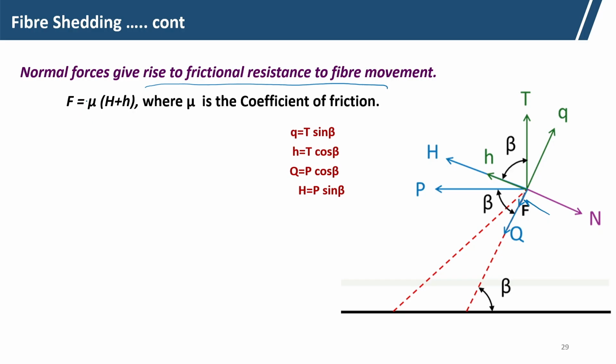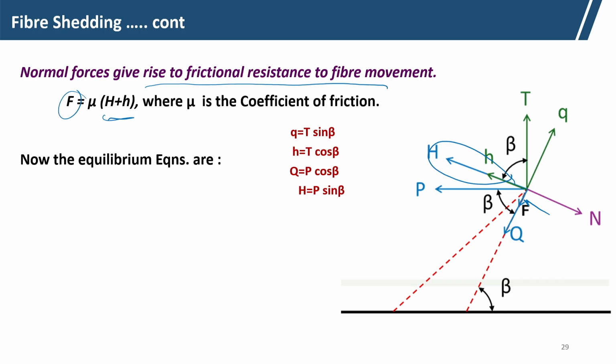F is the frictional force, equal to mu multiplied by the normal force, H plus H. These two forces are in the same direction. So, this is the frictional force which resists the fiber shedding.